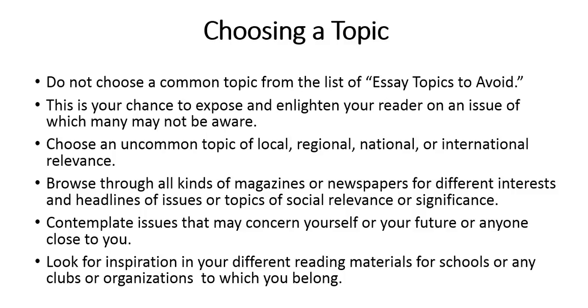Some of these magazines or newspapers can be Time Magazine, the New York Times, Newsweek, The Atlantic, Psychology Today, National Geographic, Nature, Scientific American, the Washington Post, and the Los Angeles Times.